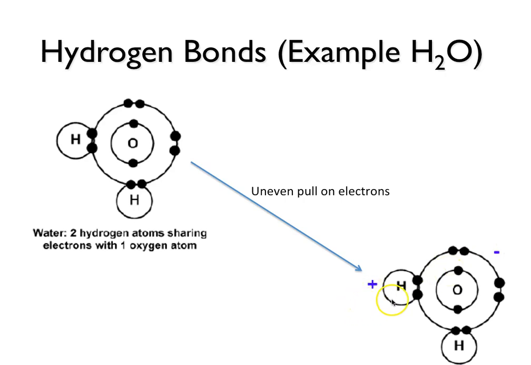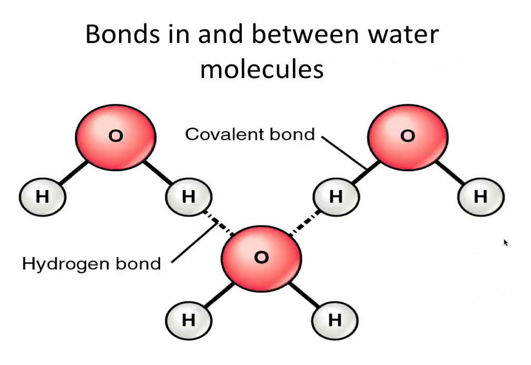So this uneven sharing causes a partial minus charge and partial positive charges and sets up a positive pole on this side and a negative pole down here, kind of like the North Pole and the South Pole. Now, because of this, the polar covalent bonds within a molecule can cause hydrogen bonds between molecules.